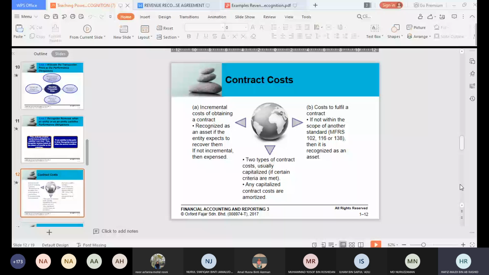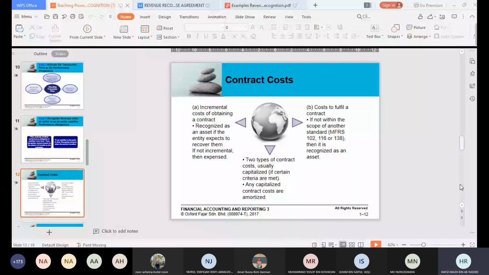The standard will allow deferment or capitalization if you can always recover. That means, for example, if you can charge this cost to the other party, then it can still be capitalized. If not, then of course you need to expense it off in the financial statement. So that is the first cost, the incremental cost of obtaining a contract.